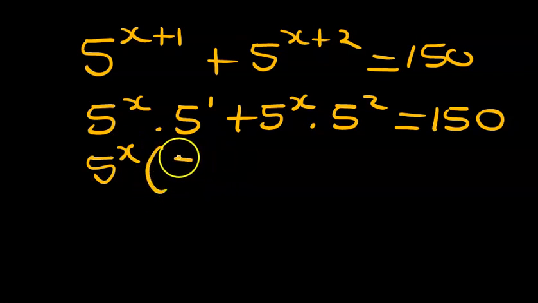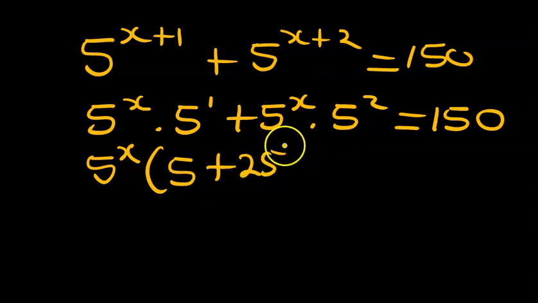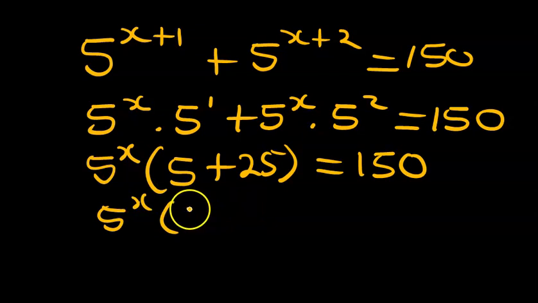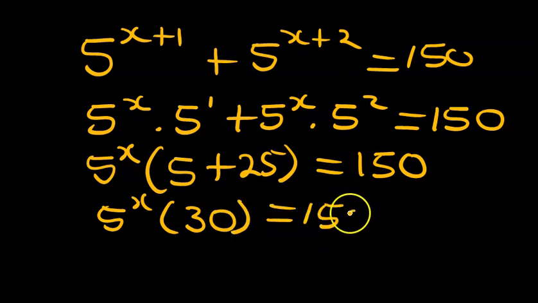Then in brackets we have 5 plus 5 to the power 2, which is 25, equal to 150. Right, then we have 5 to the power x into 30, since 5 plus 25 is 30, equal to 150.